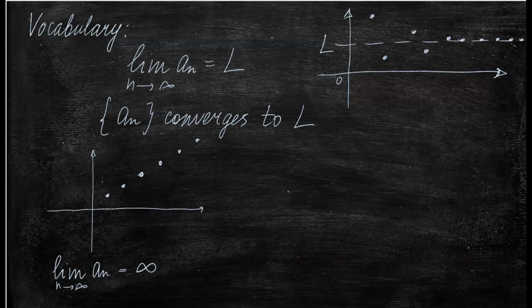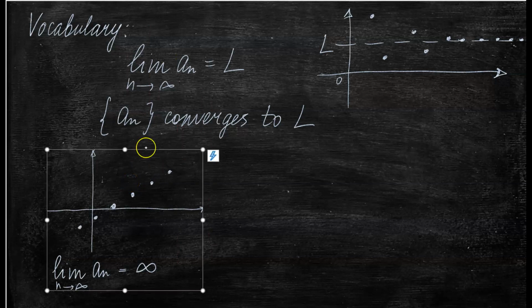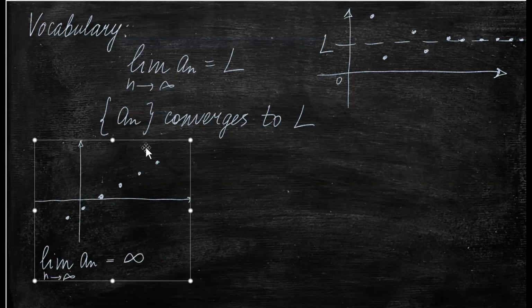I'm actually not 100% sure on the language here, but we can either say the sequence diverges to infinity, or we can say the sequence converges to infinity. But to be safe, we can just say the sequence approaches infinity and the limit is equal to infinity.